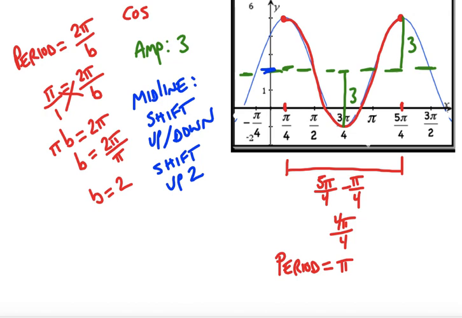Another shift we have to look at is the fact that this cosine graph is starting here. It's not starting on the y-axis like it typically does. It's slightly shifted to the right, and it's shifted to the right by pi over 4.